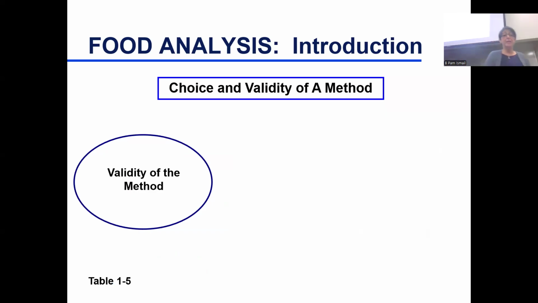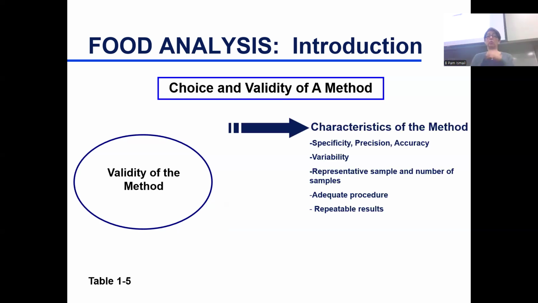All right. Then when you choose the method, you also want to choose a method that has certain characteristics. Okay, so we talked about specificity last time. How specific do you want it? Are you looking for total carbohydrate, or are you looking for particular components of that carbohydrate?